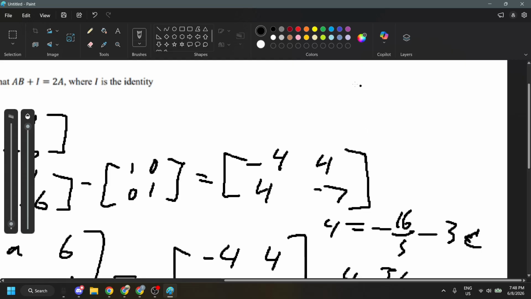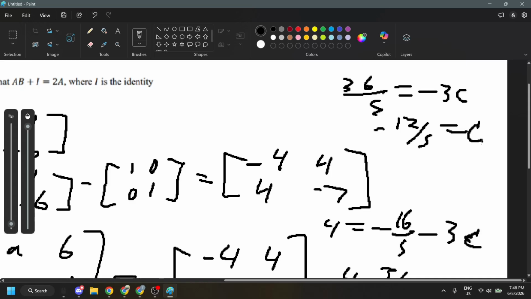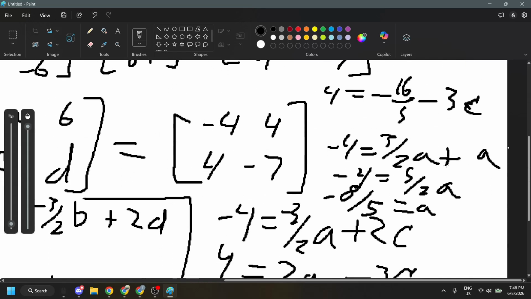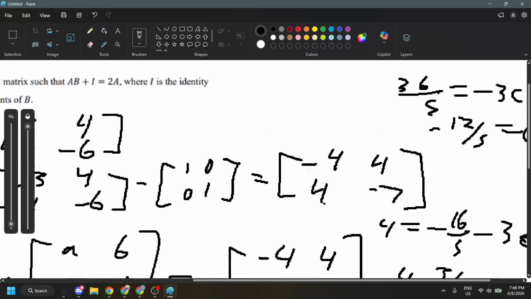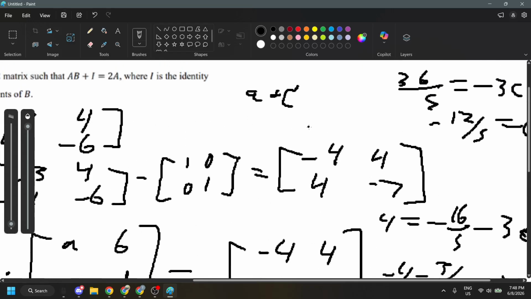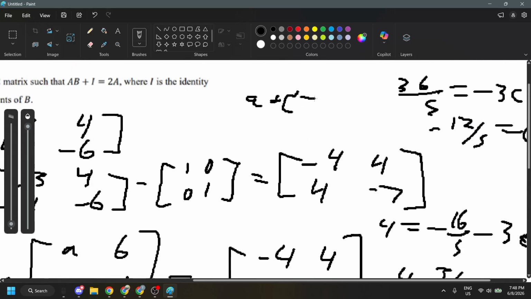Add this to both sides, so it's going to be 20 over 5 plus 16 over 5, which is 36 over 5, equal to negative 3c. Divide by 3, we get negative 12 over 5 is equal to c. So a plus c is equal to negative 20 over 5, which is negative 4.